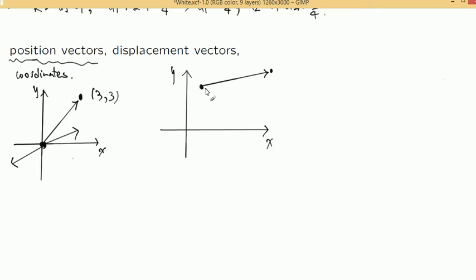In 2 seconds you may have moved like that and ended up here. But the displacement vector is the initial position and the observed position after 2 seconds, and you write it as a straight line. You were here one moment, next moment you were here, and this is a displacement vector.